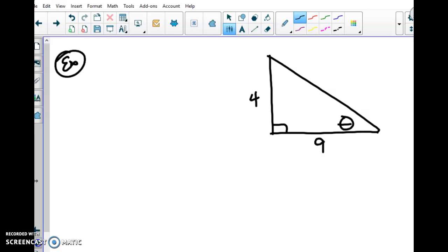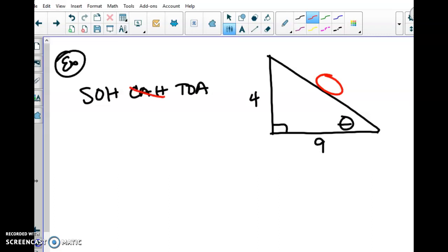Let's say that I've got this situation here. I'm looking for my angle measure, and I'm going to use SOHCAHTOA. When using SOHCAHTOA, the first question you always ask yourself is, do I have a hypotenuse that's labeled? Currently, we do not have a hypotenuse labeled, because that would be here and nothing is there.